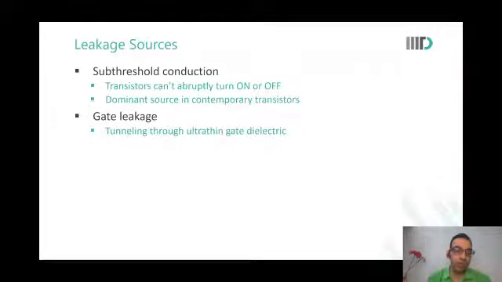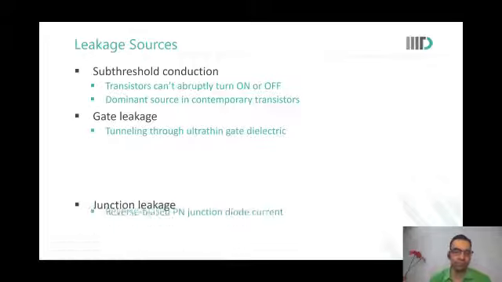In technologies where we do not have high K metal gates, because you want effective gate oxide thickness to be less than 20 angstroms, 10 angstroms, and so on, there is a lot of tunneling current that can flow, and that is what is gate leakage.